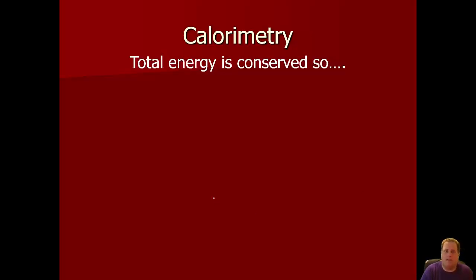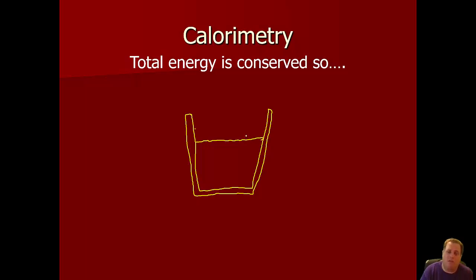Okay, so just to give a little summary on that. Remember, we're working with a problem where usually we're adding something into our calorimeter. And so we typically have water in here or something. It could be hot water and we're putting in a room temperature piece of metal, or vice versa. It doesn't really matter.